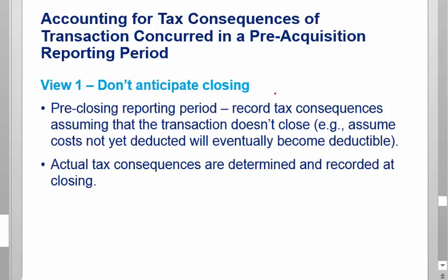There's nothing to capitalize it for. So view one is, along the way, as you're incurring costs before a transaction, you just treat them as deductible because you don't know better. And then when you have a transaction, you have to step back, pool all the costs, and then say, I've been missing perm items all this time. I got to do like a catch-up. That's what like 10 out of 10 companies do.